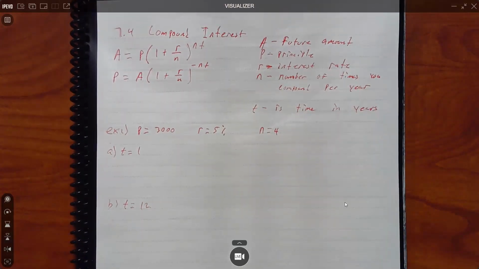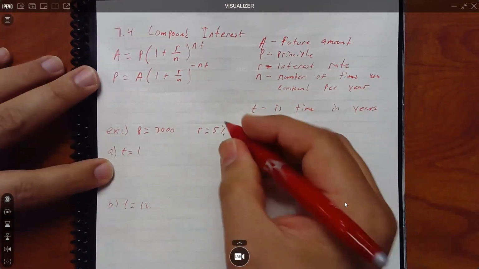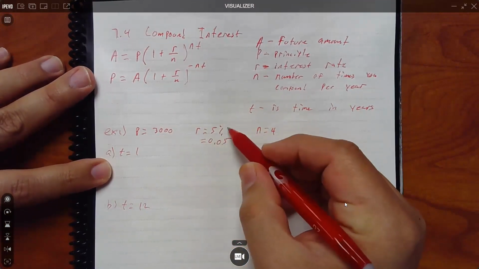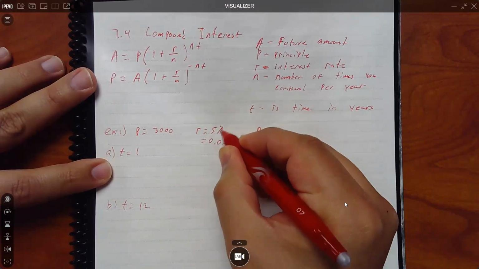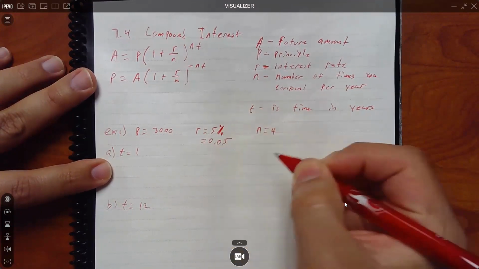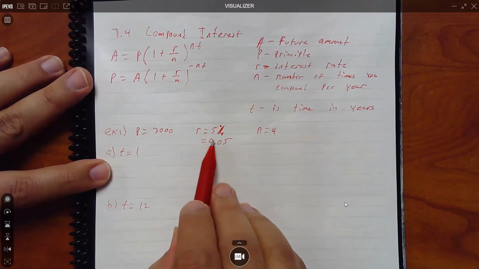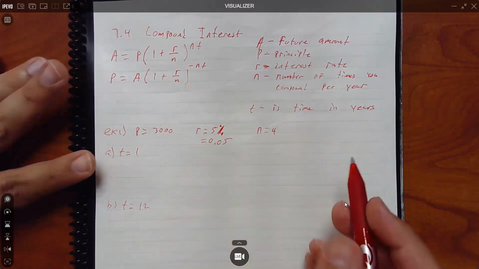Okay. So we can't use it as a percentage. We must change this to a decimal. Percent means out of 100. So divide 5 by 100. That gives you this. Or just move the decimal point. Same thing.